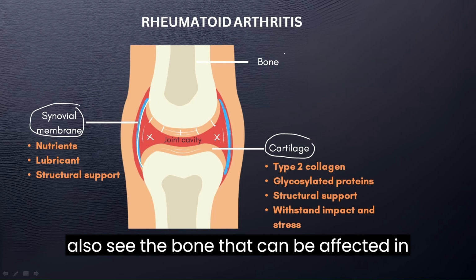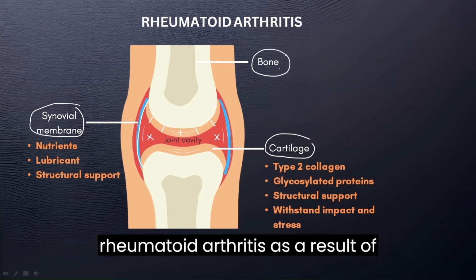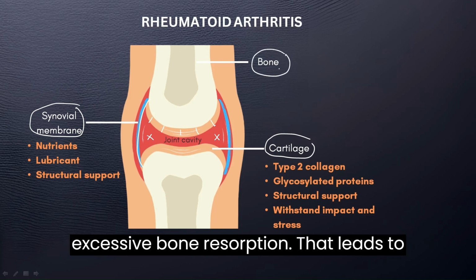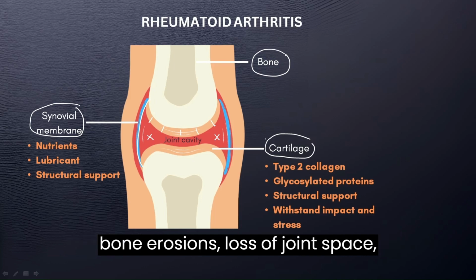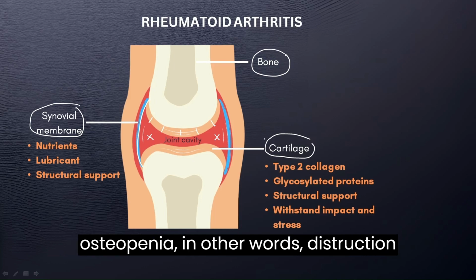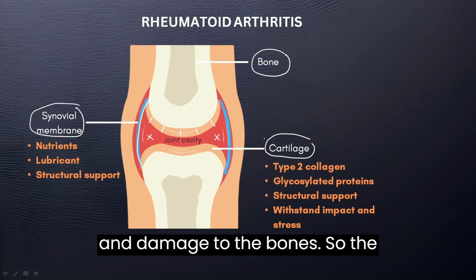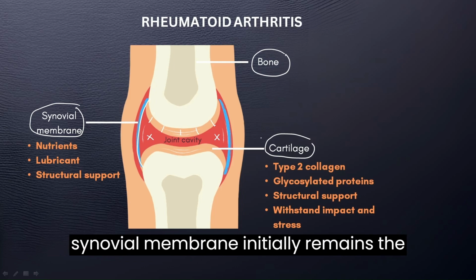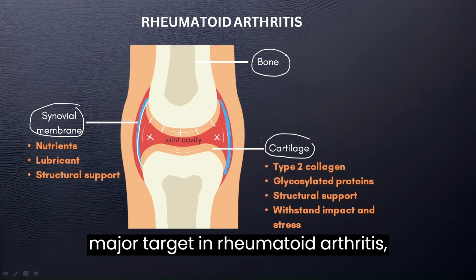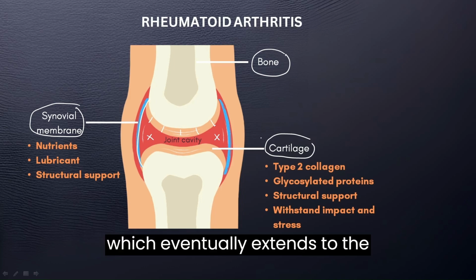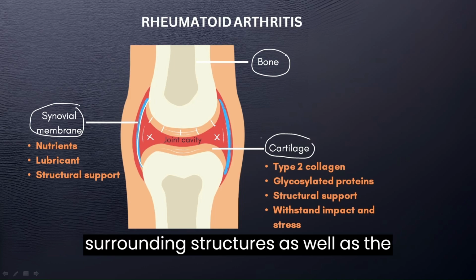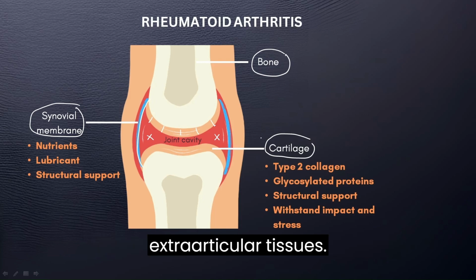We also see the bone that can be affected in rheumatoid arthritis as a result of excessive bone resorption that leads to bone erosions, loss of joint space, and osteopenia, in other words, destruction and damage to the bones. So the synovial membrane initially remains the major target in rheumatoid arthritis, which eventually extends to the surrounding structures as well as the extra-articular tissues.